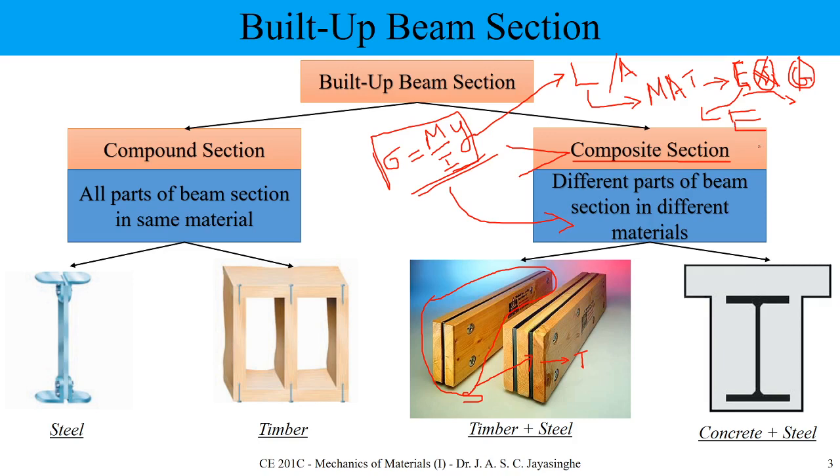So in this lecture, first we're going to discuss the compound section. Now you know in the compound section there is no trouble using this equation, we can use it. The only thing we need to worry about is the connectivity or connection between each layer. So if we can provide 100% good connection, we don't need to worry at all, we can use this equation.